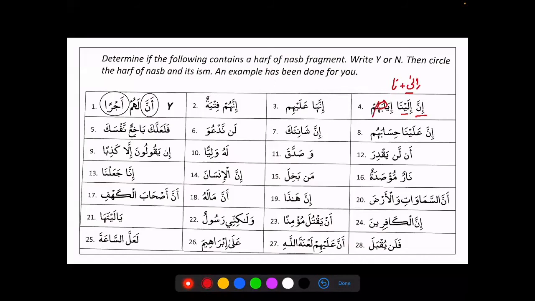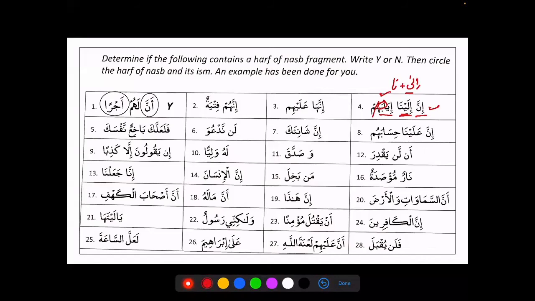Just look at the iyaba. So iyaba is nasab in status. Yes, inna is our harfu nasab and iyaba is its ismu ha, or ismu inna. This is how we are going to say it, and ilayna in between is a jar majroor fragment.